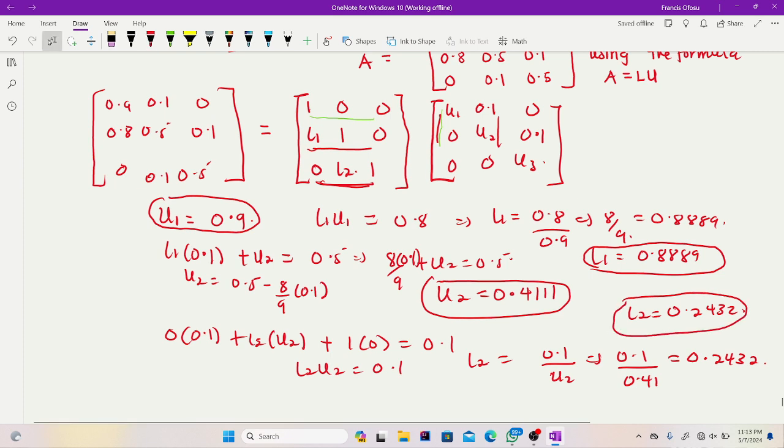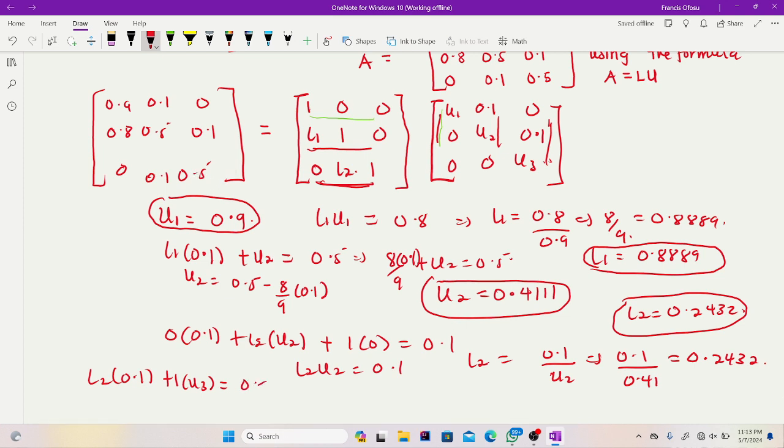Then finally, I need U3, and I know that the last thing here is non-zero, so I should multiply this by my last column, right? Multiplying it by my last column, you know that 0 times 0 will be 0, then L2 multiplying 0.1, then finally plus 1 multiplying U3 should give me the last element, 0.5.